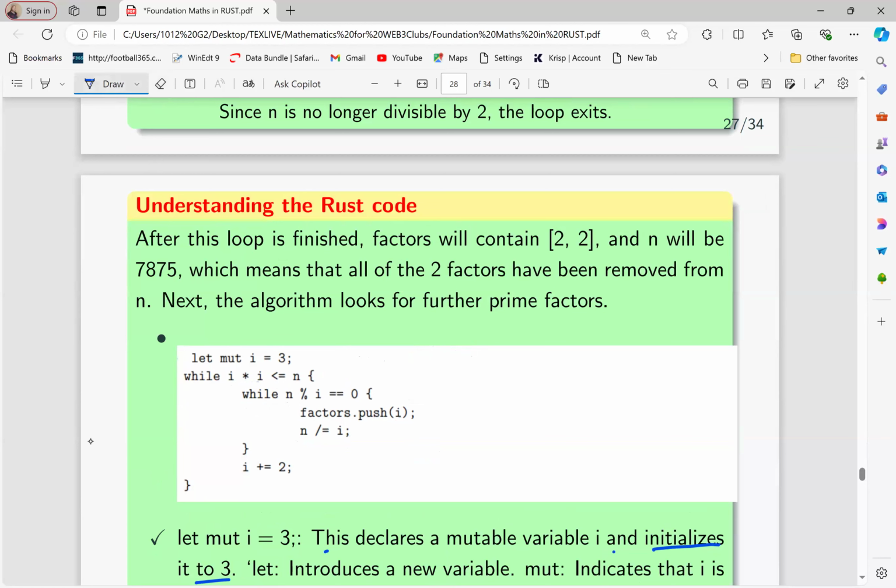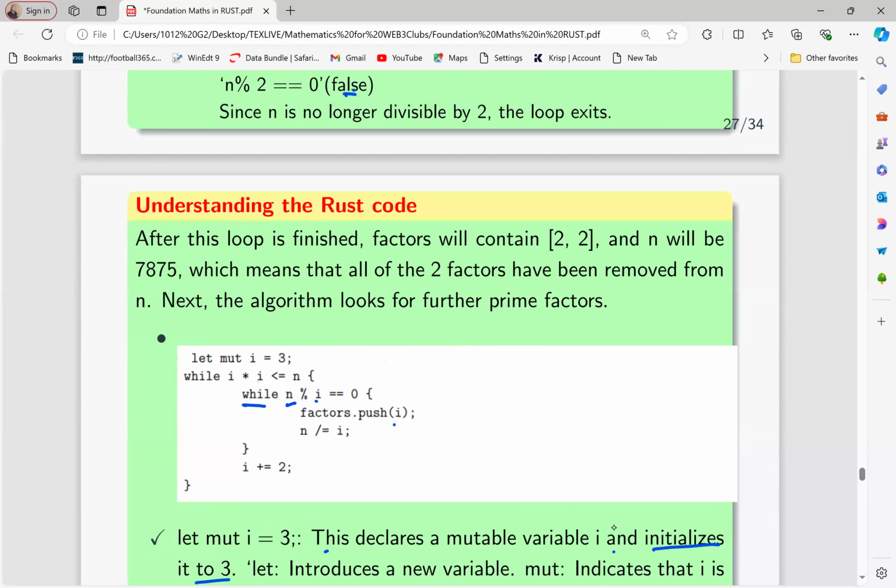So this is the inside loop. It checks if I can divide n. That is what the inside loop does. And if I can divide n, it makes I a factor, and then it changes the n. The n, which was mutable, now becomes the old n divided by I. That's what the inside loop is doing.